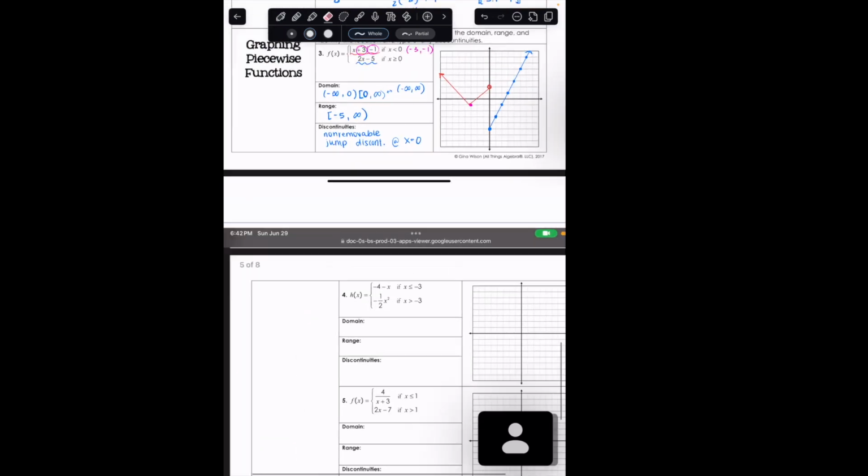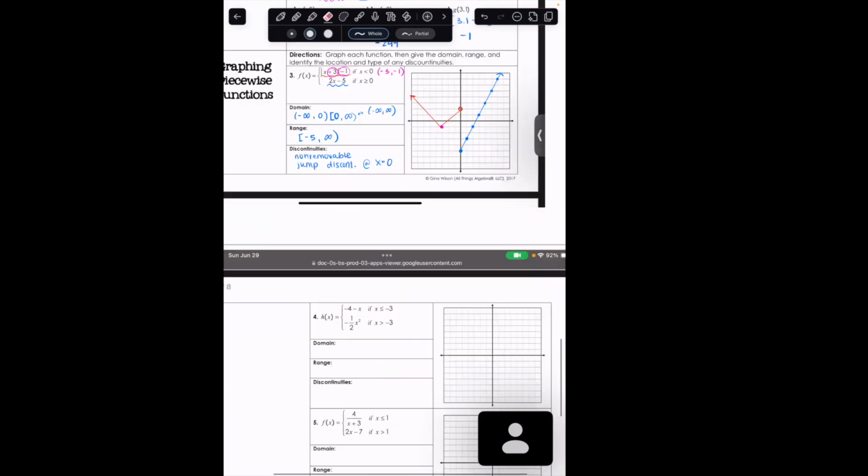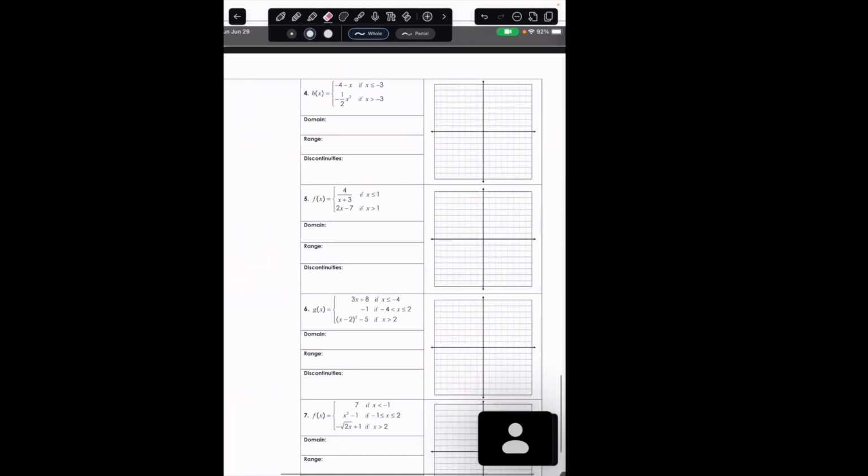So it works the same way as what we just did here on number 3. So take a few minutes. This one's gonna take a little bit longer just from the graphing standpoint. So for 4 and 6, graph them first, then identify their domain, range, and discontinuities. So I'm going to give you maybe 6 minutes to work on graphing those and answering the questions.